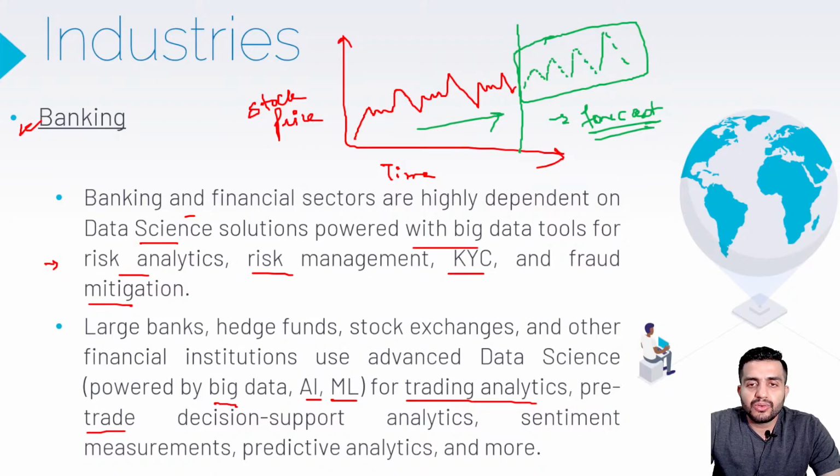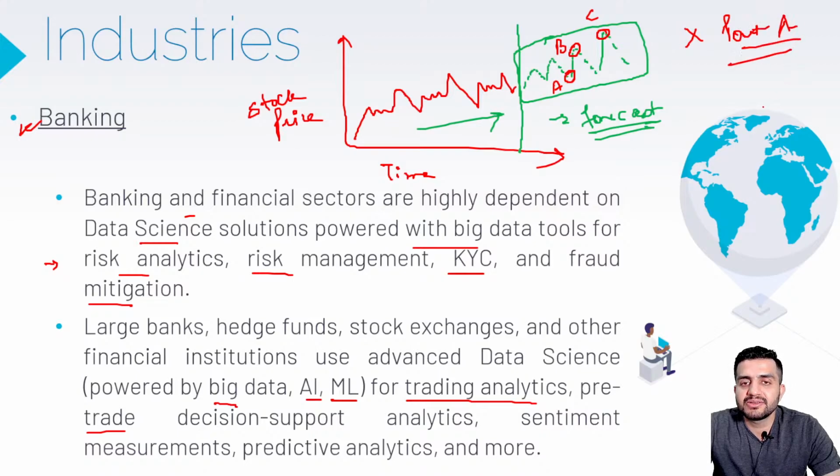So I know the trend is going like this. So I know whether selling the stock at this point is advisable, or this point is advisable, or still I can wait till this point. So I have point A, I have point B, and I have point C. So I know that it is expected to go till point C. So there is no point in selling the stock at point A. Not advisable.